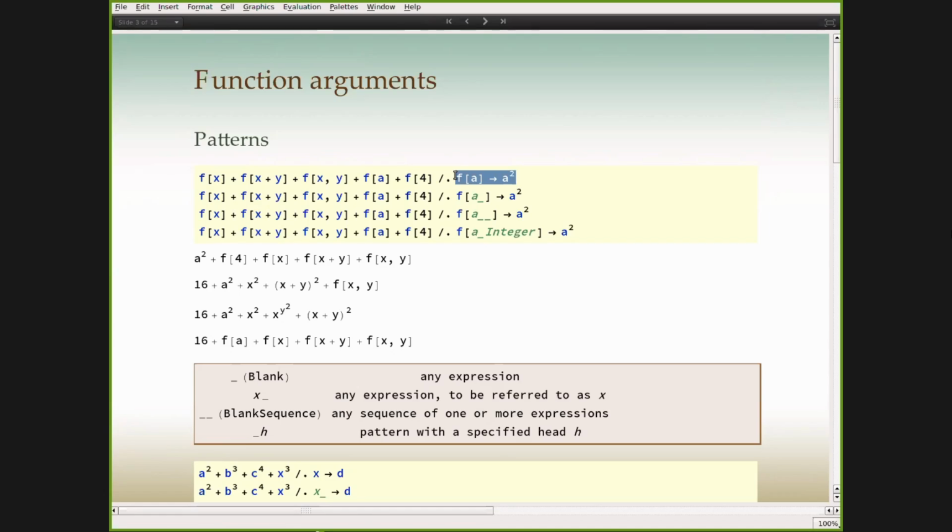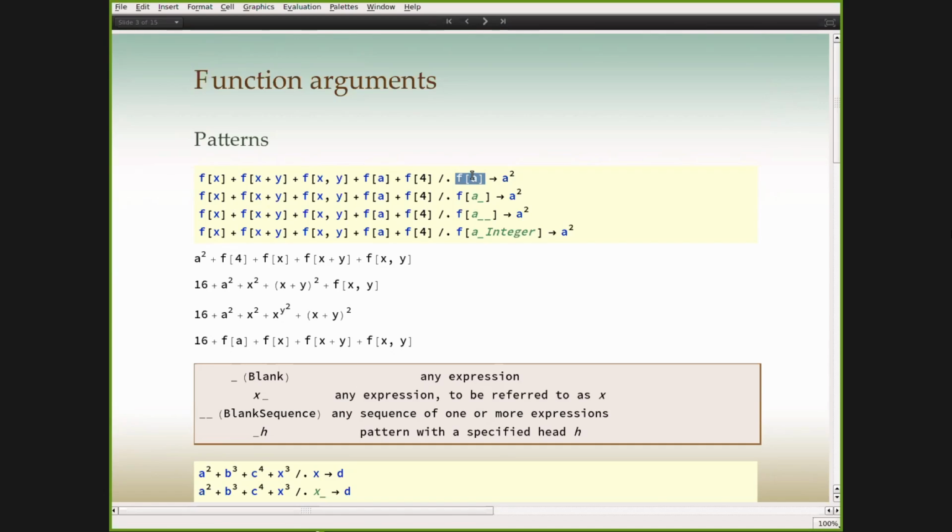So here I said that I would like to substitute f of a by a squared. Let's observe what has happened. The only thing which was changed is this f of a, because in such a situation where you put just an argument with a name, Mathematica treats it literally.